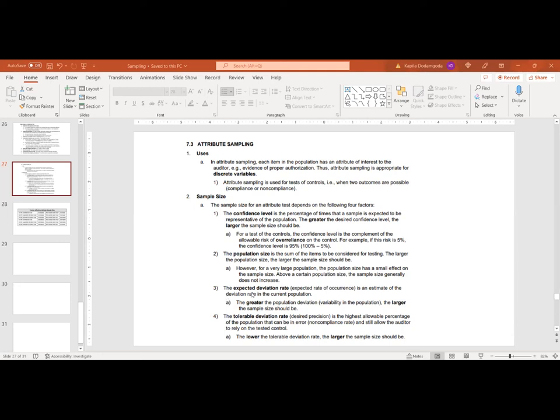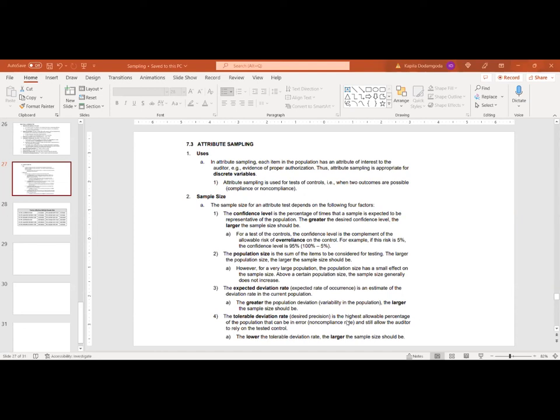And on the other hand, for the chances of making mistakes, the tolerable deviation is higher. If even an inconclusive result is still okay, even if a higher level of improper judgment is okay, then you can work with a smaller sample.